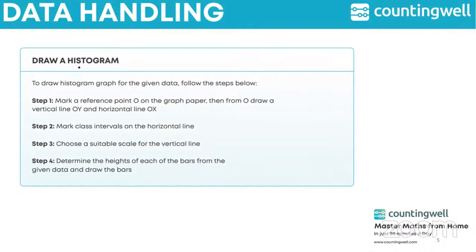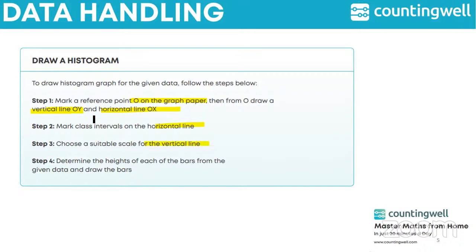Let us see how to draw a histogram. We have to follow these steps. First, you have to mark a reference point O on the graph paper, and then from O draw a vertical line which will be your y-axis and a horizontal line which will be your x-axis. Then you have to mark class intervals on the horizontal line and a suitable scale on the vertical line.